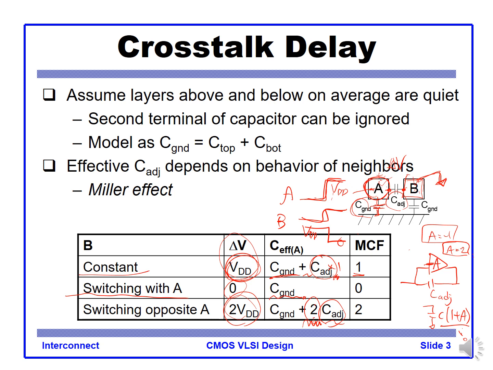By the Miller effect, the Miller coefficient will be 2. So the adjacent capacitance is actually seen as 2x larger. So it is important to minimize the effect of the adjacent capacitance. Those three cases show the adjacent capacitance can be calculated differently depending on the switching activity of B, right?